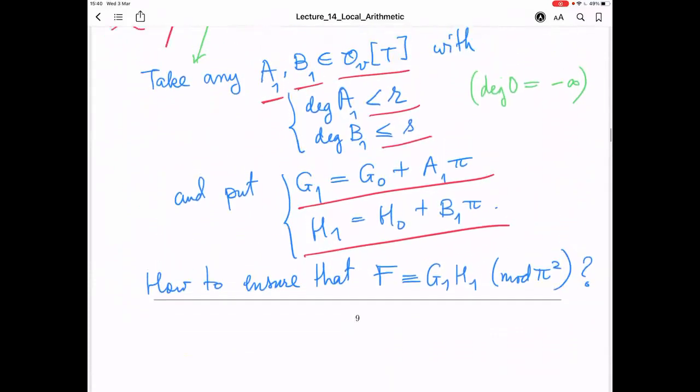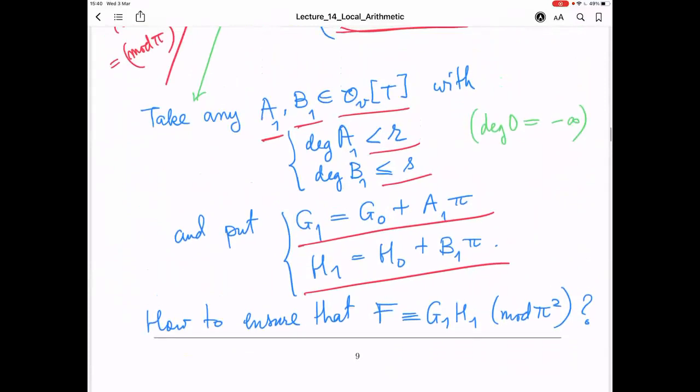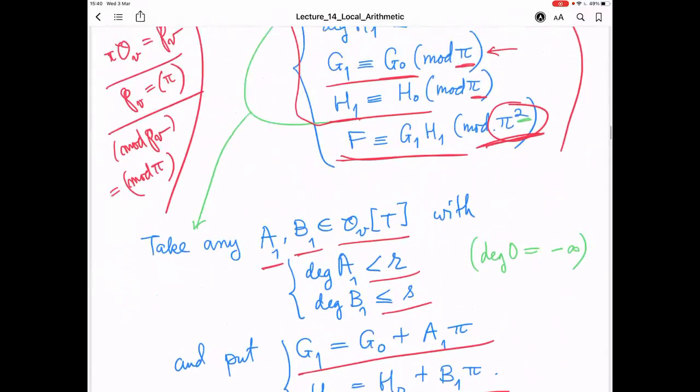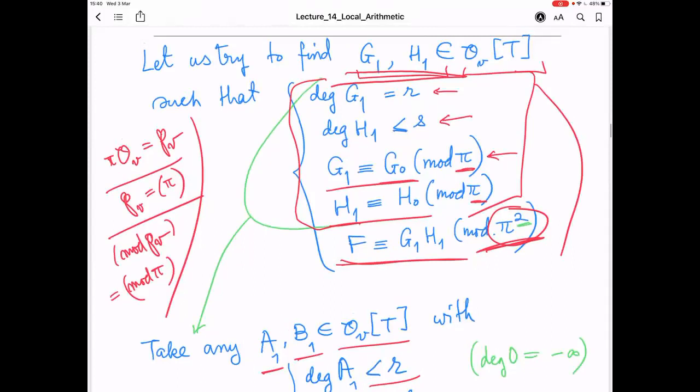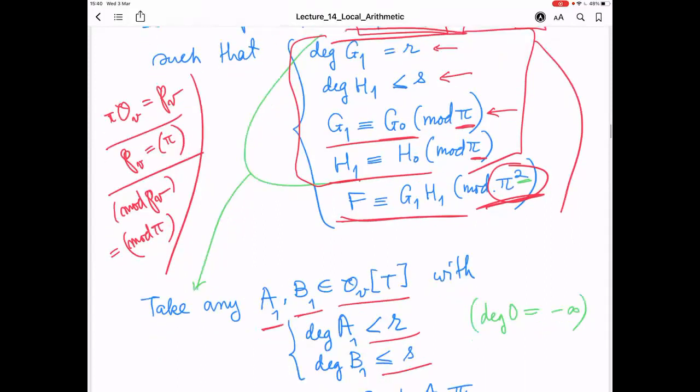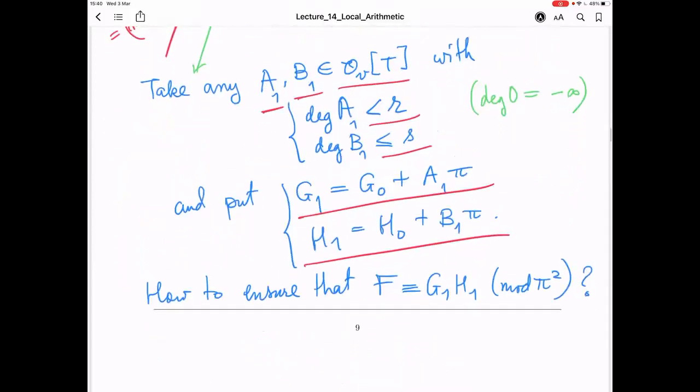Okay, so if you do this, all of these first 4 conditions will be satisfied. Because what are those conditions?